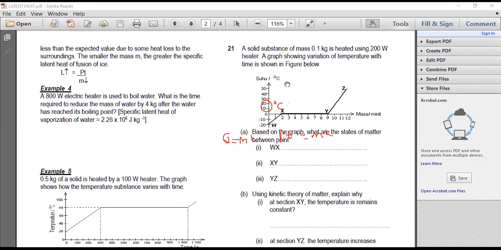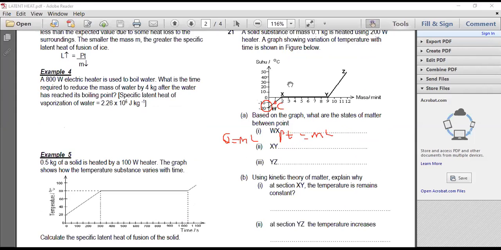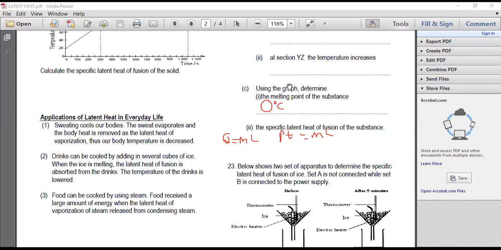The power is 200, the time is 7 minutes. Convert to seconds, so times 60. And then 0.1 times L. So 200 times 7 times 60 divided by 0.1.